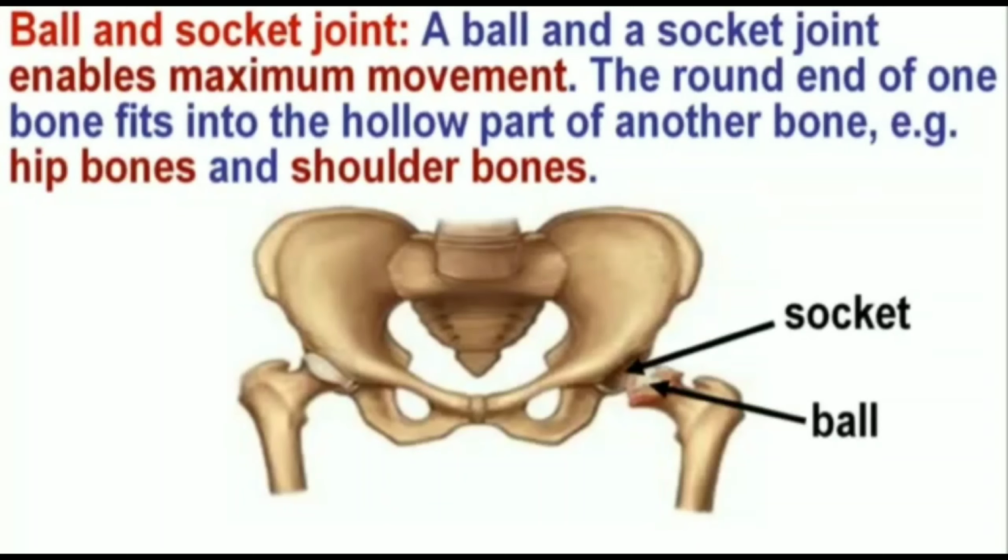This image on the screen is of the pelvic region, that is your hips. There also you can see that the ball in the femur fits into the socket of the hip bone, and therefore it forms a ball and socket joint.